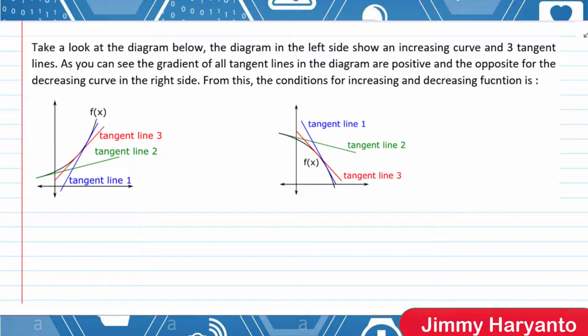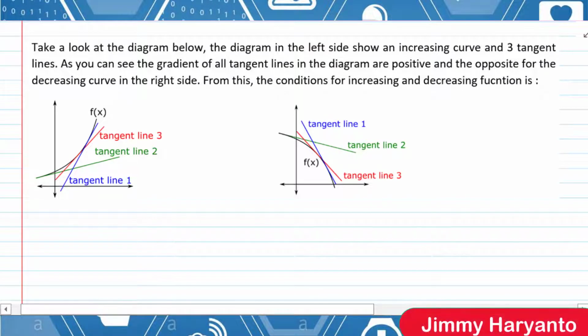Next, I want you to take a look at the graph below. This is the first graph and this one is the second graph. For the first graph, as you can see, the function is increasing, but I want you to focus on the tangent lines.